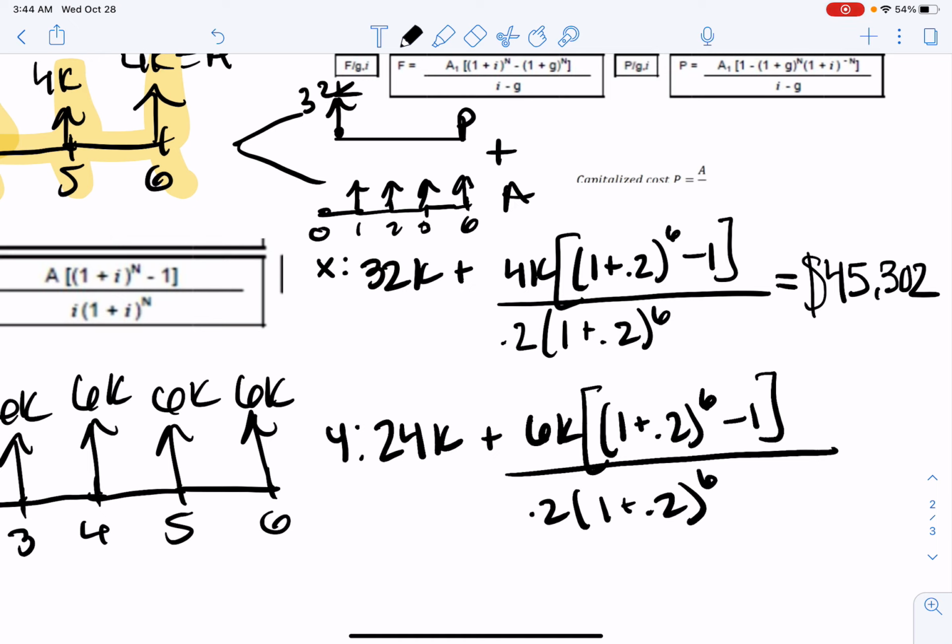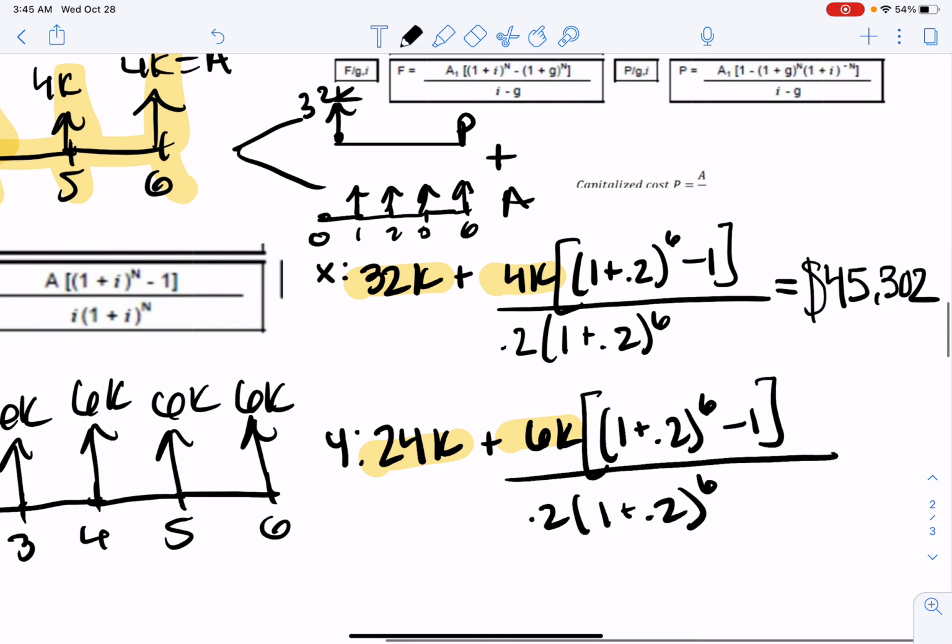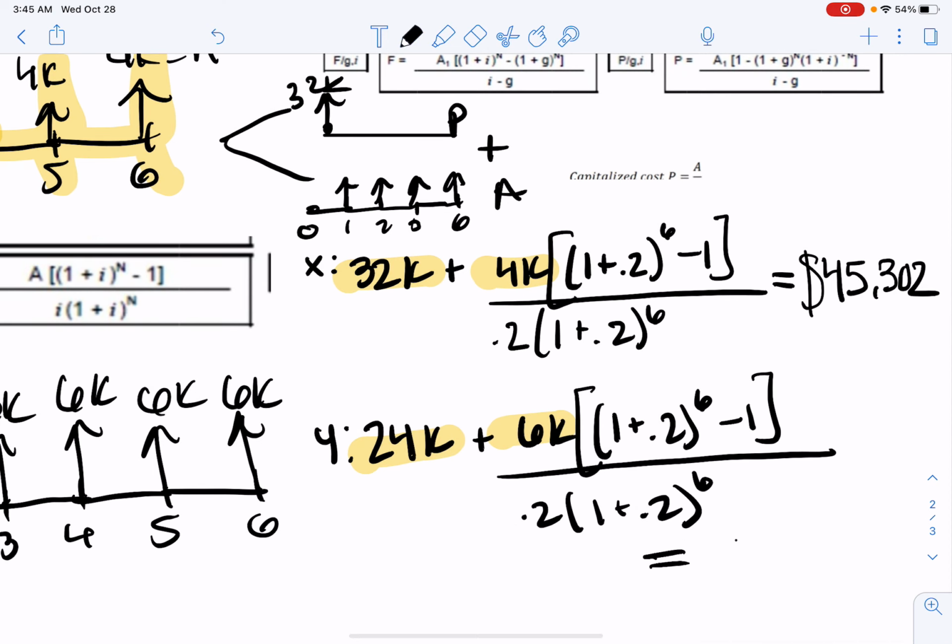So as you can tell, nothing is really changing other than the 4K and 6K, and our present values as well. So it's pretty convenient, and this payment yields $43,953.